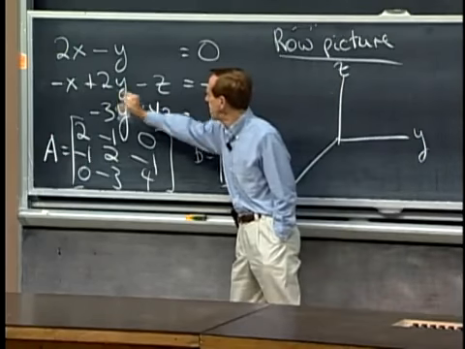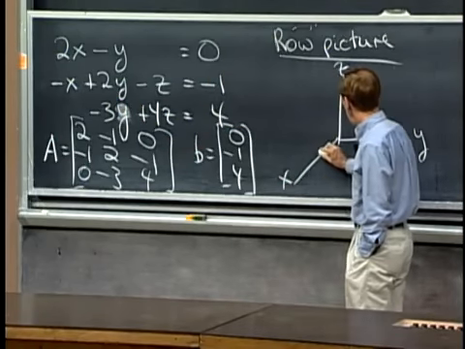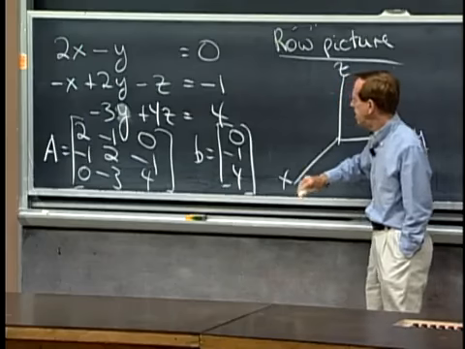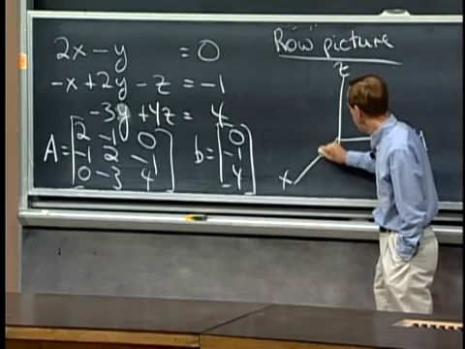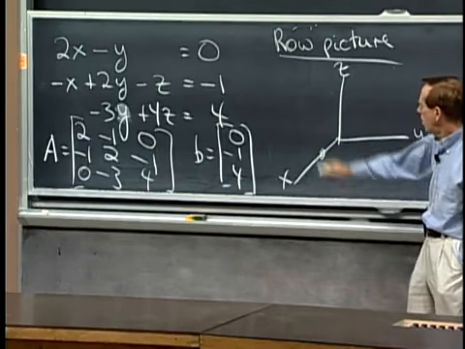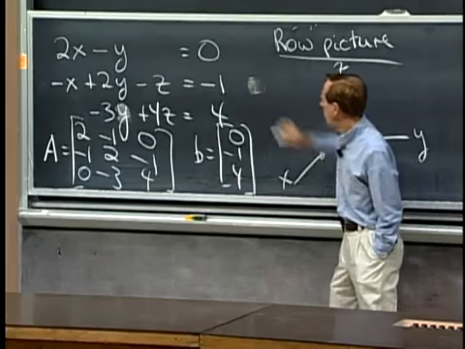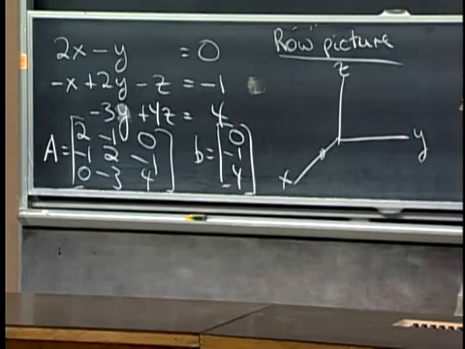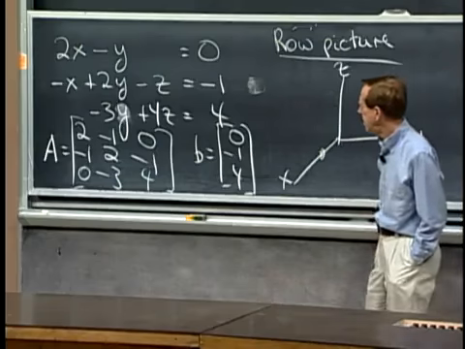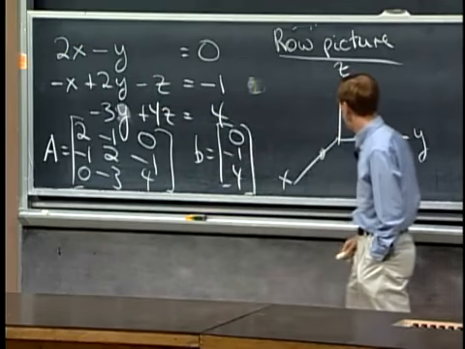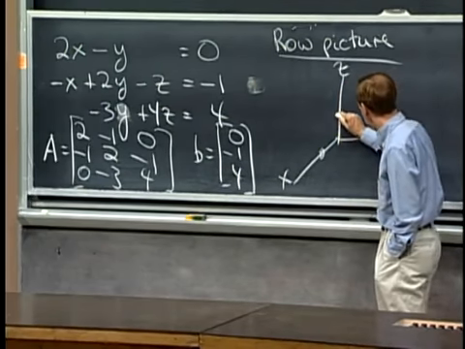Let's see, maybe if x is 1, y and z could be 0. That would work, right? So there's one point. I'm looking at this second equation here just to start with. Also, if z is 1, x and y could be 0, so that would go straight up that axis.